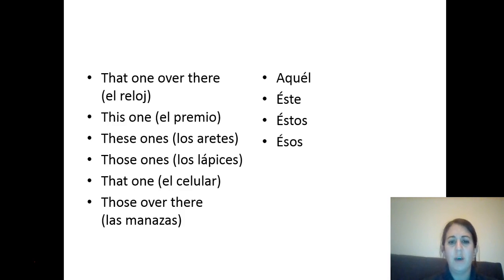I know that sounds kind of funny, but esos. That one would be ese. And those way over there, talking about las manzanas, would be aquellas. Again, notice that they all have accents. And oftentimes you'll just use these in conversation after you've already established what it is that you're talking about.